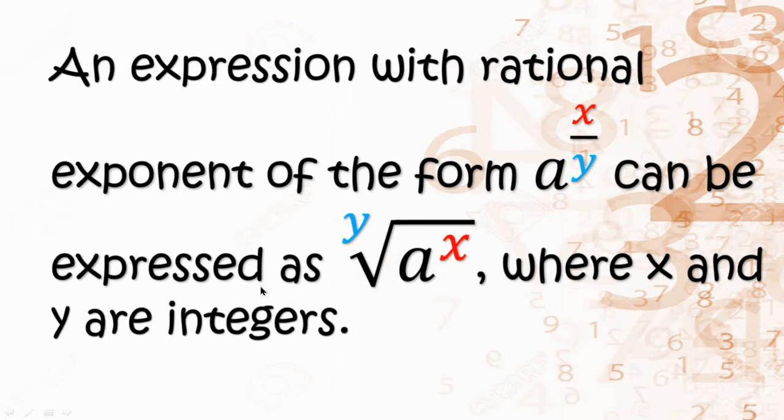An expression with a rational exponent of the form a raised to x over y can be expressed as the y root of a raised to x, where x and y are integers.